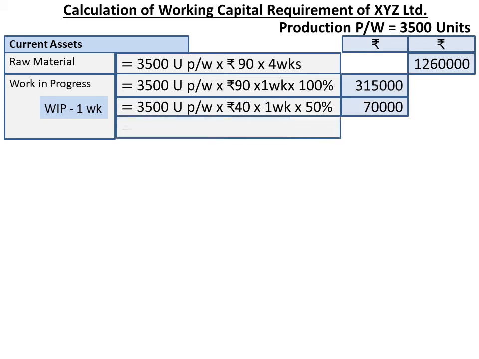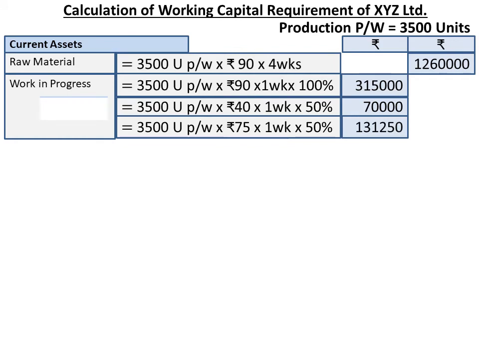Therefore, value of overheads is equal to 3,500 units into rupees 75 into 1 week into 50%. This comes to rupees 1,31,250. Now take total of these three and write it in outer column. So WIP value here is rupees 5,16,250.